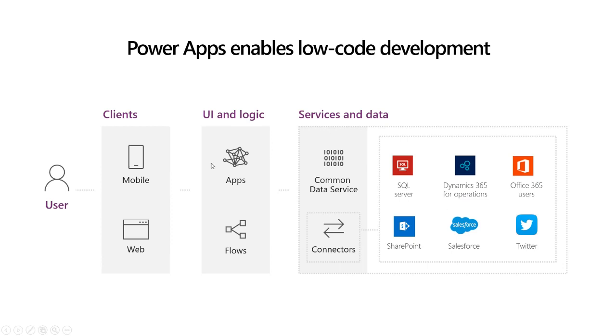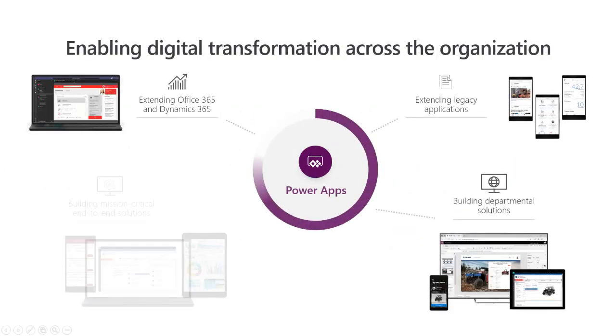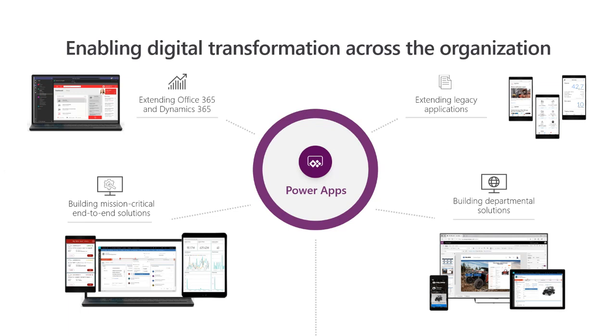Then all the apps are able to run across different browsers and different platforms, such as iOS and Android, and of course your desktop browser as well. So with all those components, you can do digital transformation across your organization.